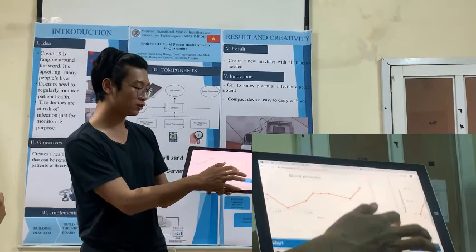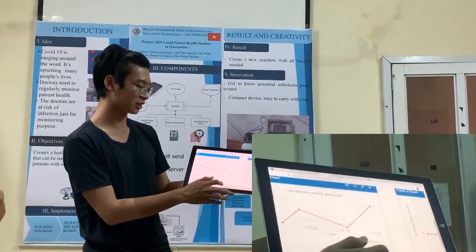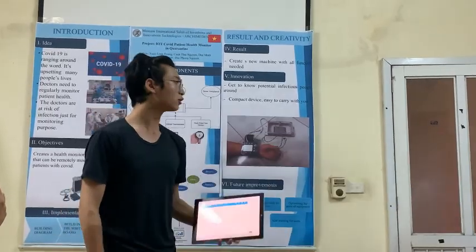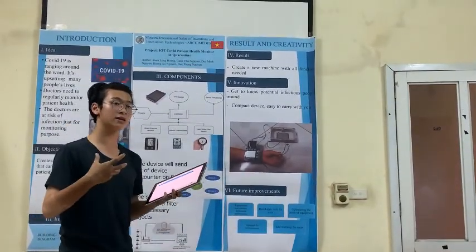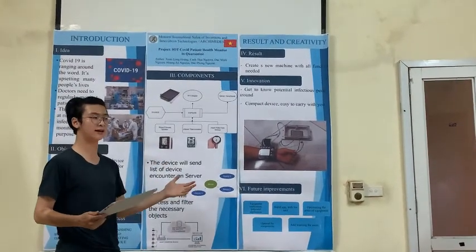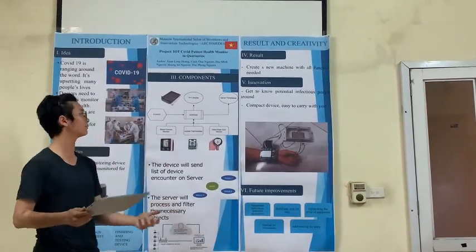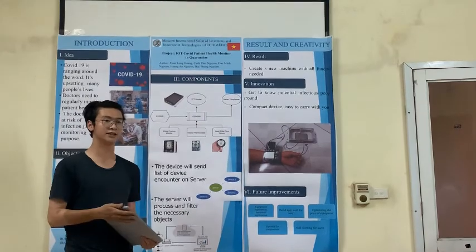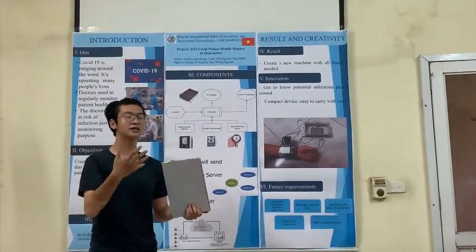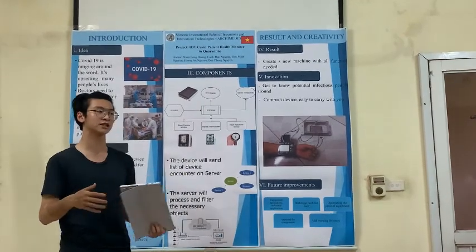And we also have two more data points here, which are the maximum blood pressure and the minimum blood pressure. Since everything will be gathered to doctors, they will know what to do. And eventually, we have created a new system with all the functions needed, so that doctors will have a more convenient way to manage their patients.